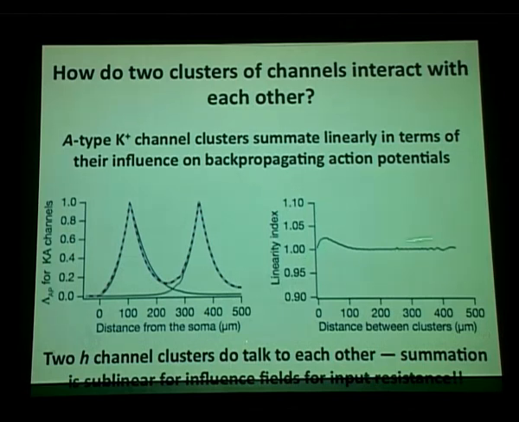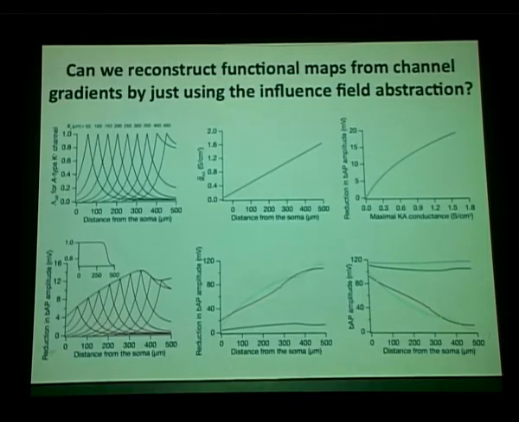So we took advantage of this linearity over here, and we asked the question that I just asked a few minutes ago, where you are trying to find out the influence of the spread as opposed to the influence of the ion channel sitting at that specific location alone. What would be the difference, which is more? So we put together a simple convolution kind of system, where we took the influence fields at different locations.